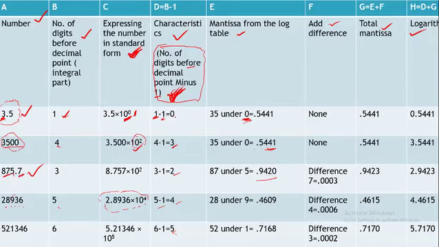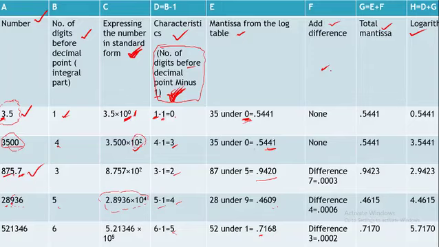You search for 28 under 9. You have 4609. Then for this, you search for 52 under 1, and we have 7168. Okay? Now, we have what we call the difference.